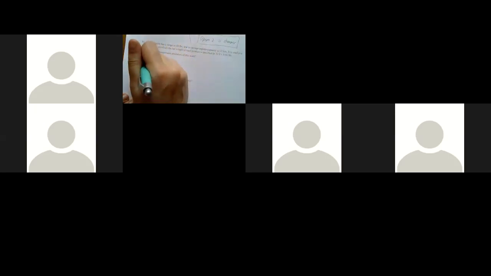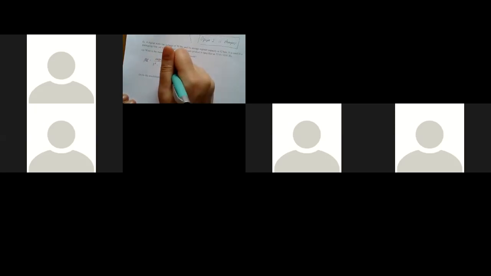Measurement resolution is given in our textbook as just the range divided by 2 to the number of bits minus 1. So this is really straightforward. Range is 50 pounds, 2 to the 12th, because that's the number of bits, minus 1. So that's 50 divided by 4,095, and that's equal to 0.012.